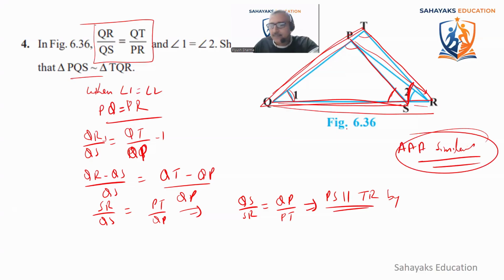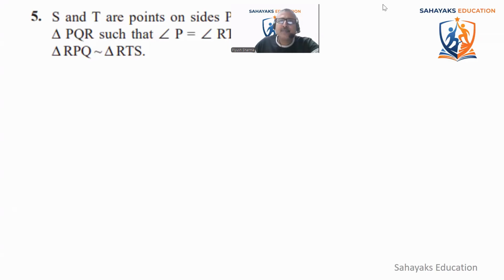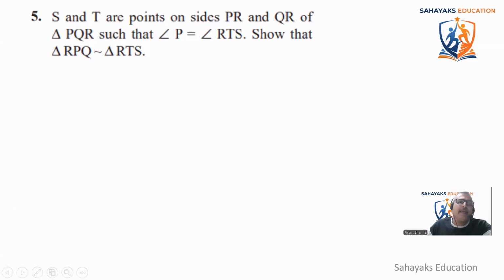Okay, guys, let's do the next question. What does it say? It says that S and T are points on sides PR and QR of triangle PQR. Okay, let's make a triangle PQR. Let's clear it up. I'm making a big triangle.